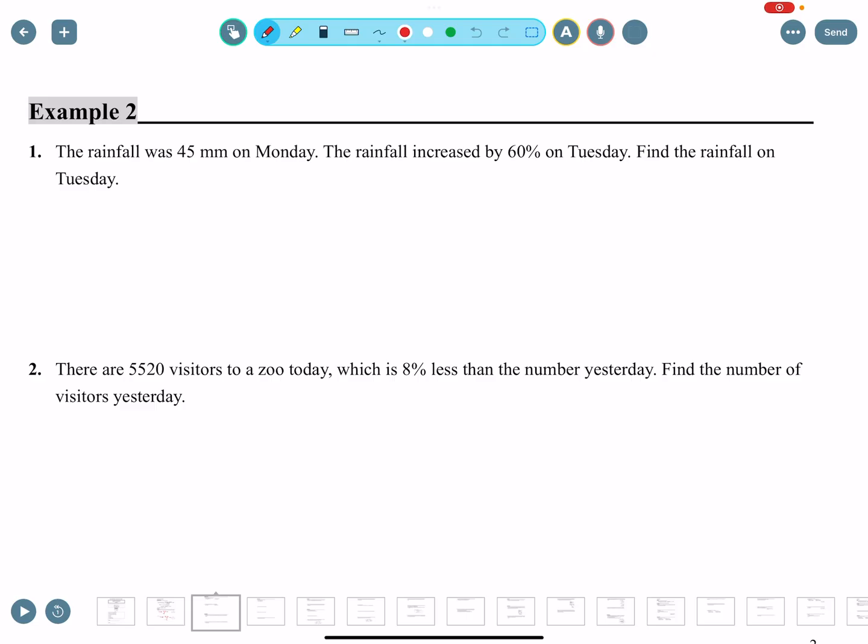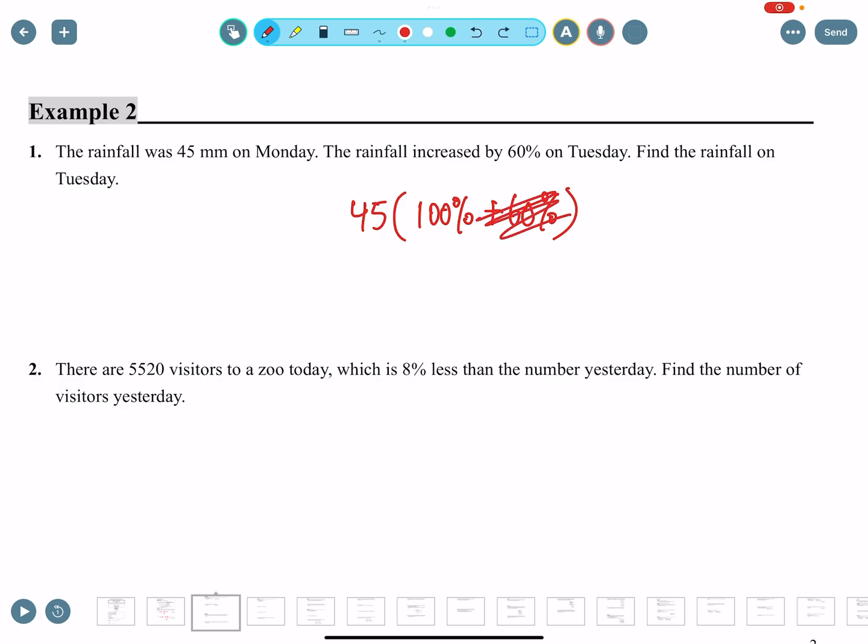The rainfall was 45 mm on Monday. The rainfall increased by 60% on Tuesday. Find the rainfall on Tuesday. So we're finding what the rainfall is going to be on Tuesday. So it used to be 45, the old value. You want to increase it by 60%. So 100% plus 60%. 100% is basically 1.